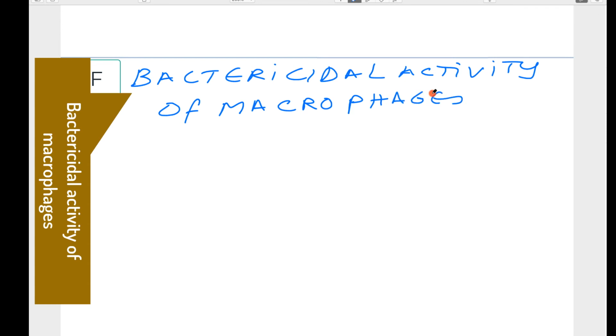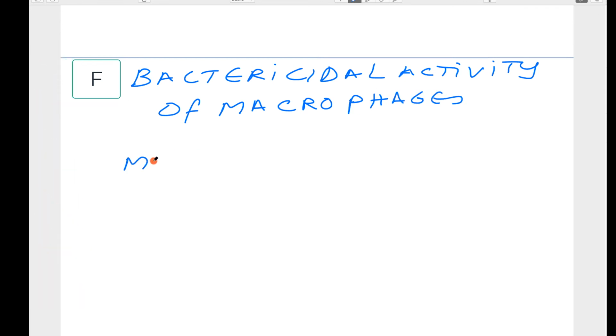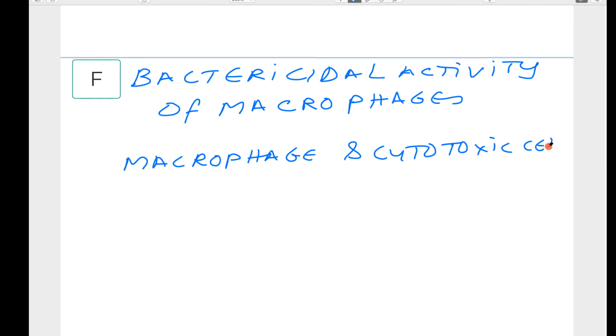Macrophages and other cytotoxic cells, for example neutrophils.